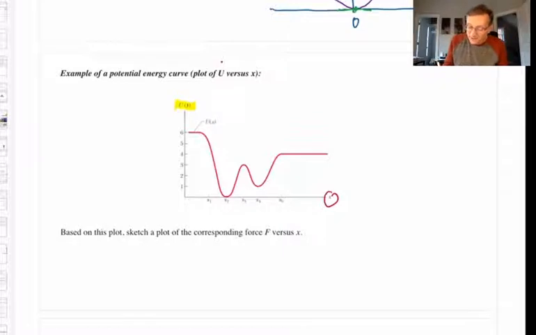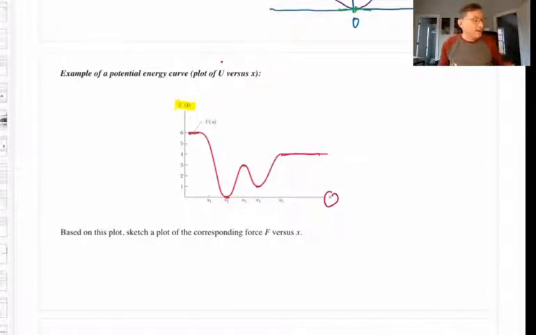And then the actual potential energy curve is that red curve. Pretty complicated. It's got a couple of regions where it's flat, and then it's got some curvature, and it's got 2 minima and 1 maximum.